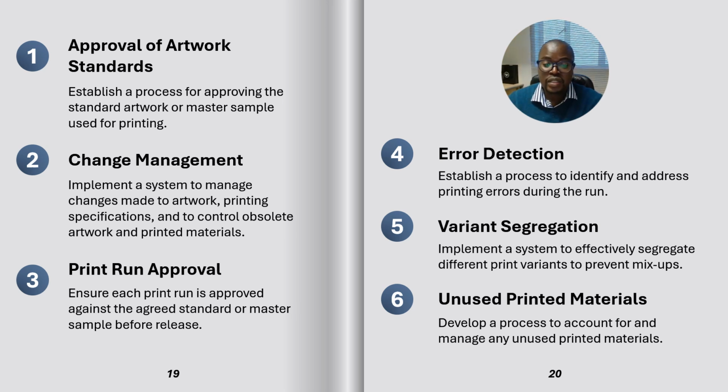Then the next one looks at error detection, where the organization is required to establish a process to identify and address printing run errors during the run. So the company may perhaps use an inline inspection system during printing, which will automatically detect deviations from the approved artwork, such as color mismatches or misalignments, and any trigger that detects some deviation will alert the operator that something is wrong here.